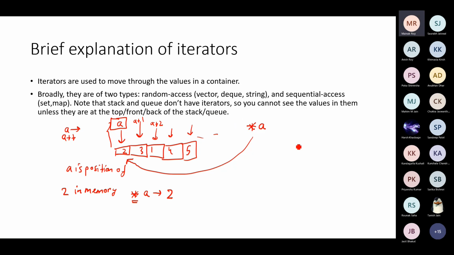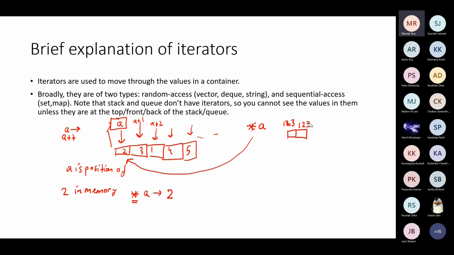So iterators do a similar thing, but when it comes to the standard library, in an array you know that everything is stored in contiguous memory blocks. That means if this is at address, say, 123, the next block will be at address 123 plus whatever is the size of this.